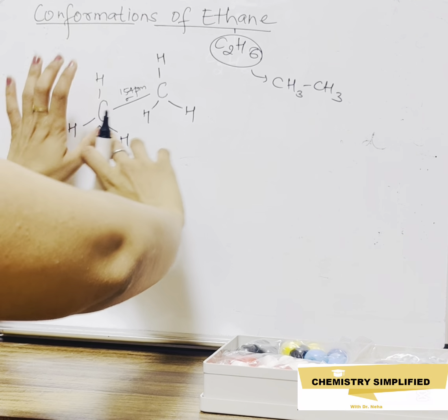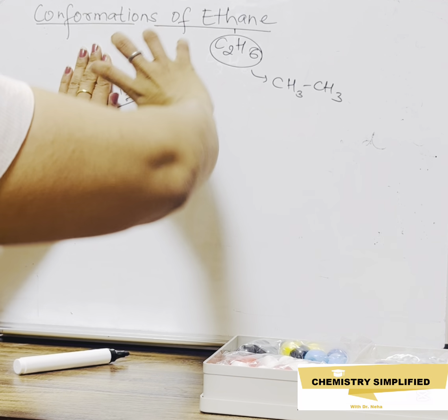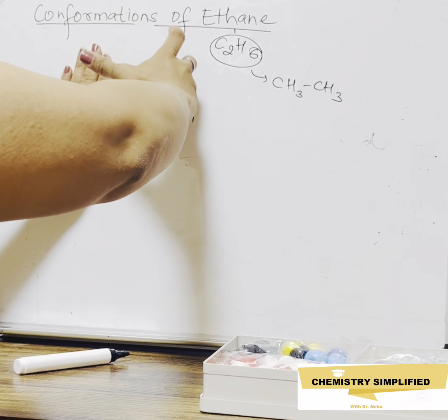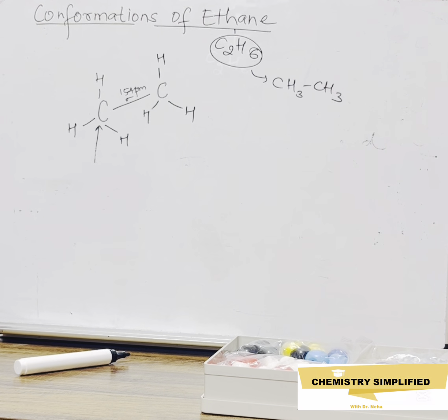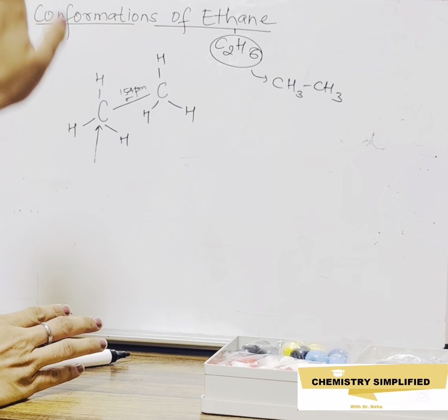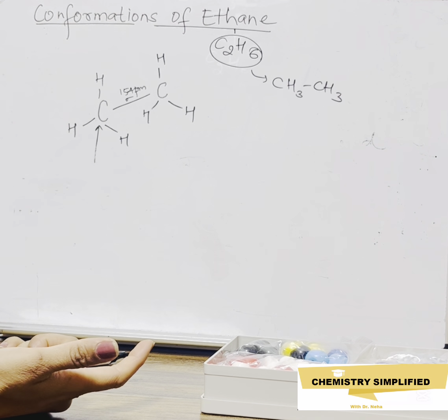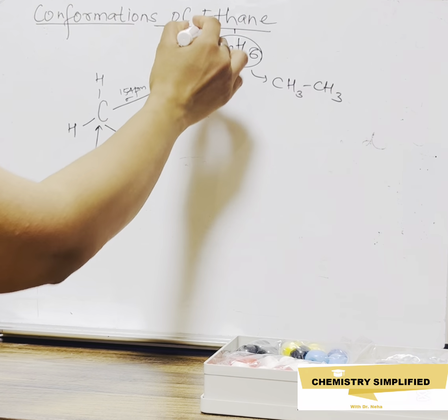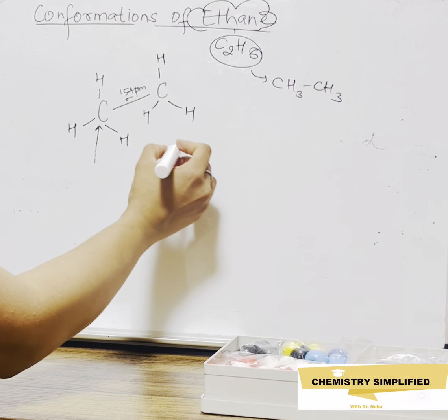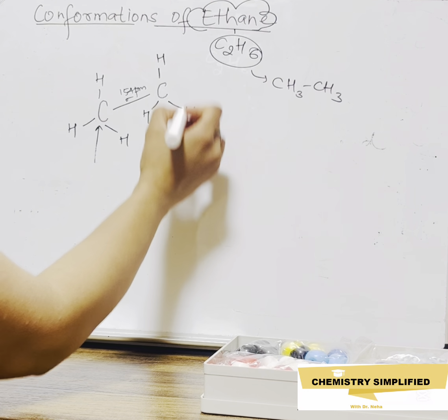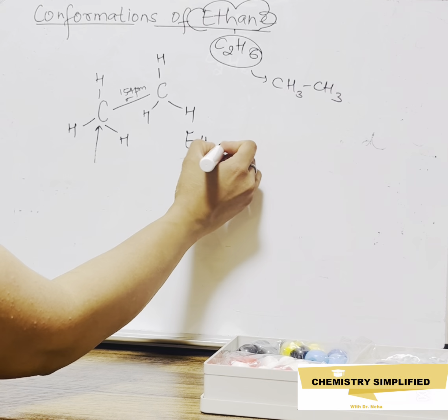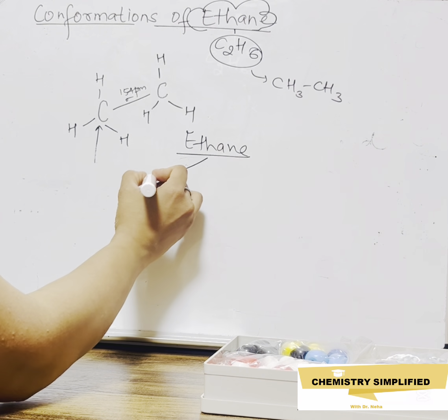So here I'm going to fix this and rotate this carbon atom, and by rotating we are going to get the conformers of ethane. When we rotate the ethane, we get two conformers.